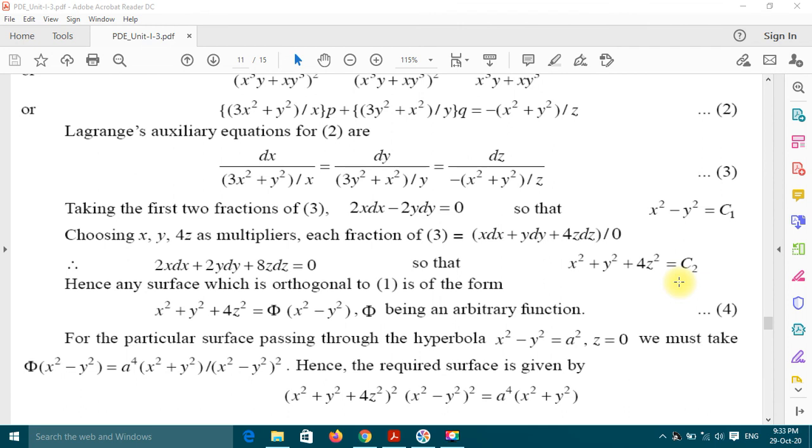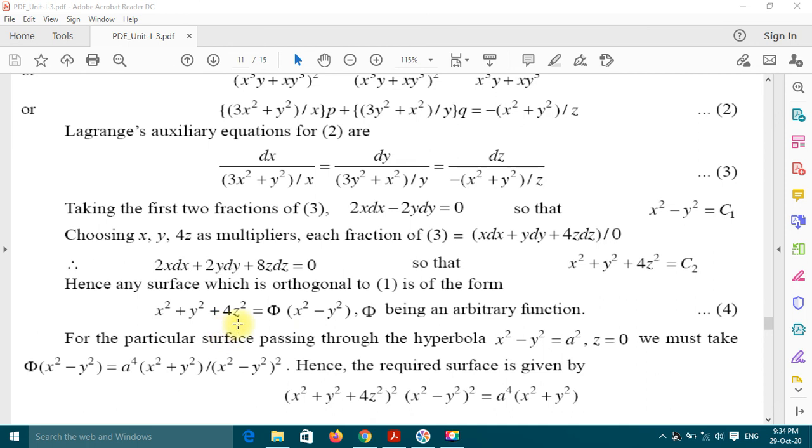Okay, hence any surface which is orthogonal to the given system is of the form v = φ(u). So x² + y² + 4z² = φ(x² − y²), where φ is an arbitrary function.